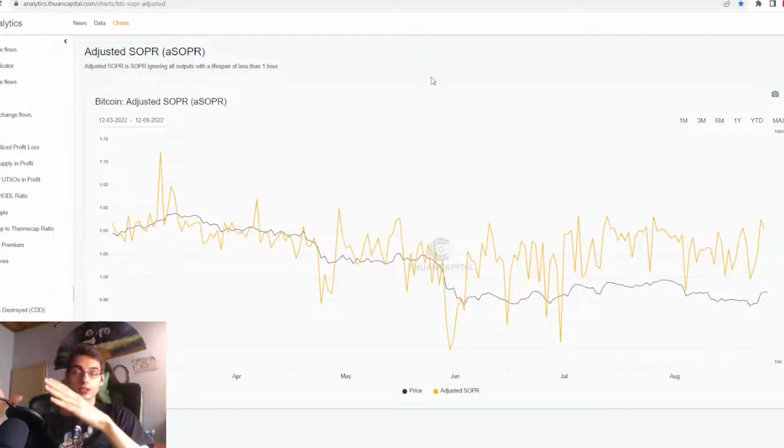But in this case, adjusted means just that we are taking out the transactions less than 1 hour old that are making noise in this chart. There are a lot of them that aren't very useful to us, because we need to see the older transactions, because they are meaningful.